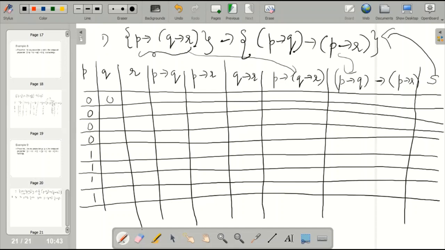When it is 3 variables, 0 0 1 1 0 0 1 1, then 0 1 0 1 0 1 0 1. Okay, now what is P conditional Q?